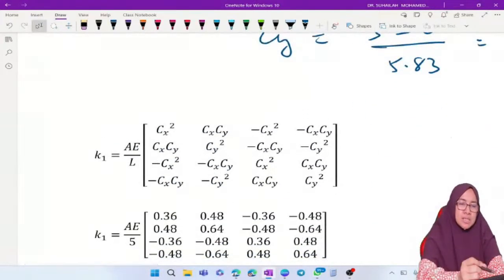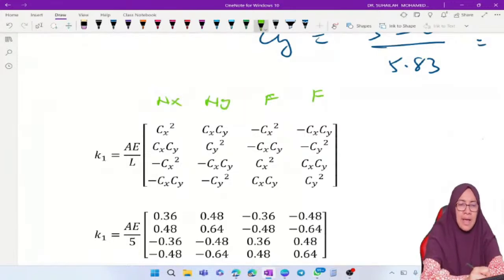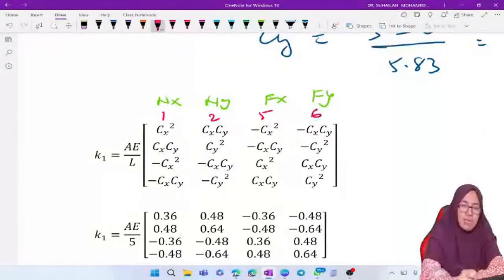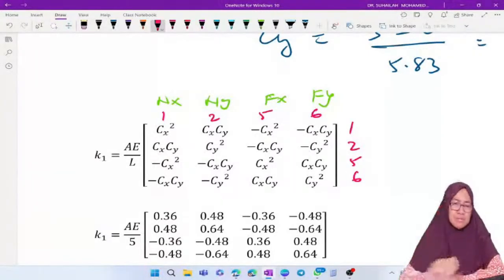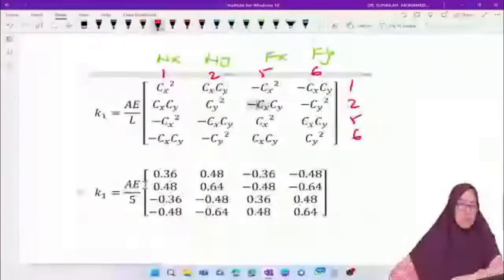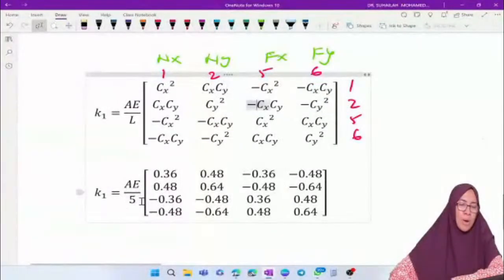Remember, this is near x, y, far x, y, which means 1, 2, 5, 6. So for K1, the length is 5.83.